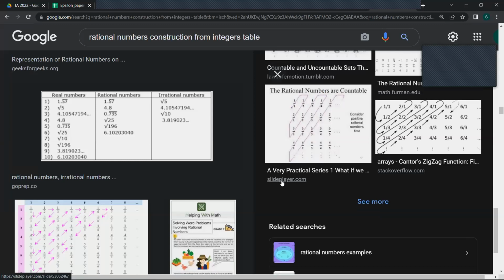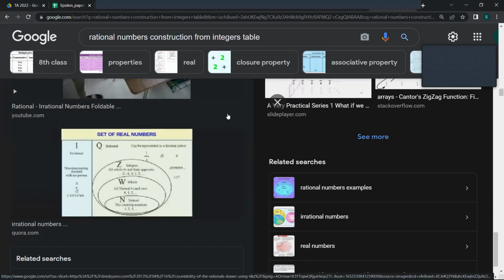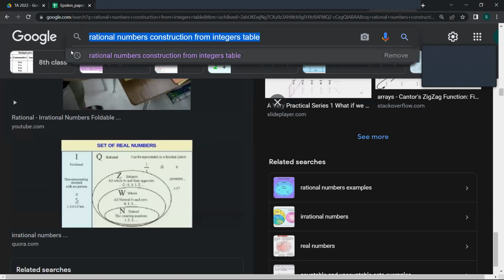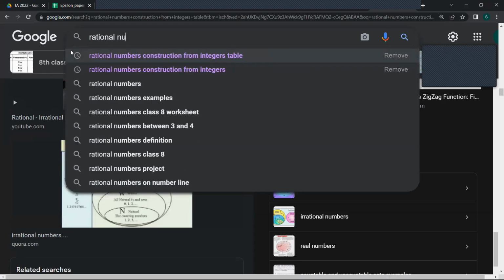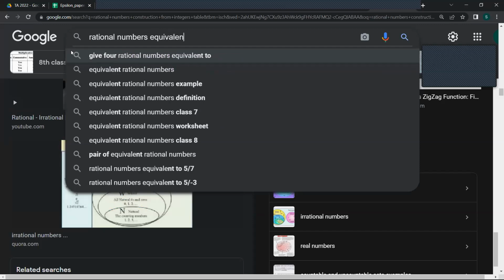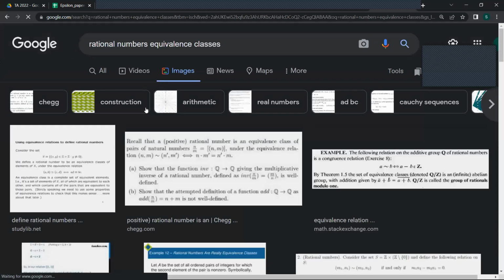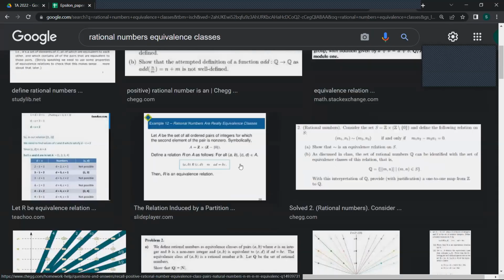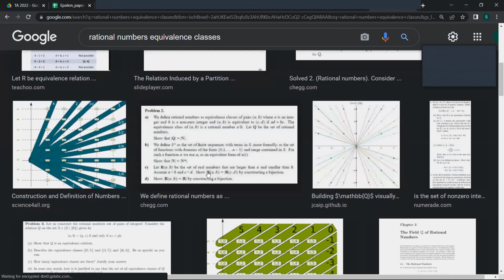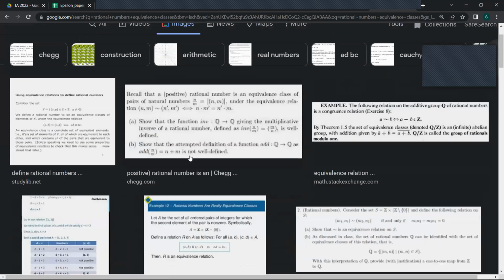These are all about countability, isn't it? It's hard to find one on rational numbers as equivalence classes. See if we can keep going for images. Maybe this one will work.